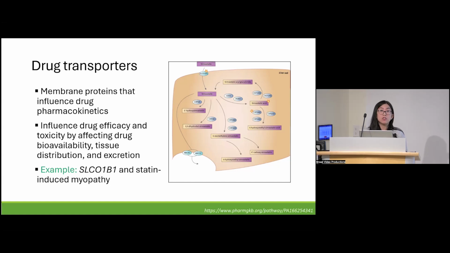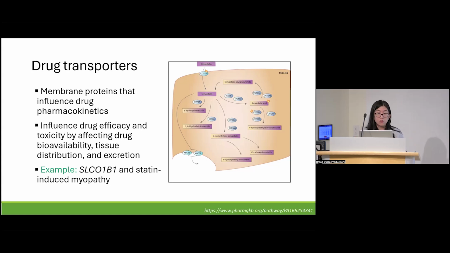So statin medications are cholesterol-lowering medications that are very commonly used, and they are handled by this transporter in the liver. And so as you might imagine, having genetic variants that reduce the function of this transporter can result in a decreased hepatic uptake of the statins, really causing increased systemic concentrations of the statins in the bloodstream.